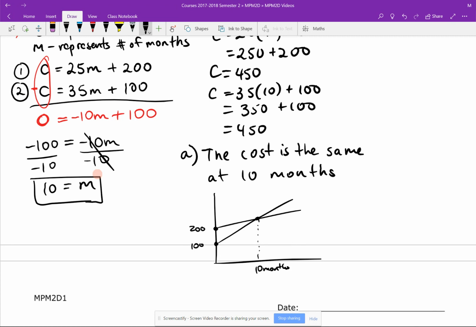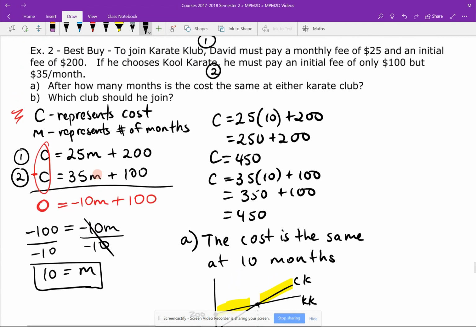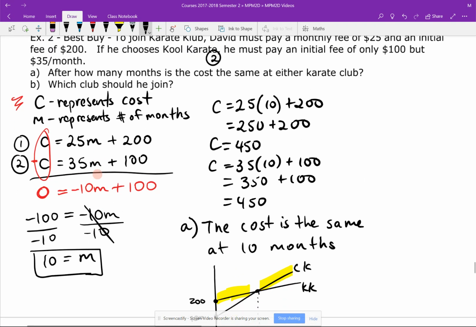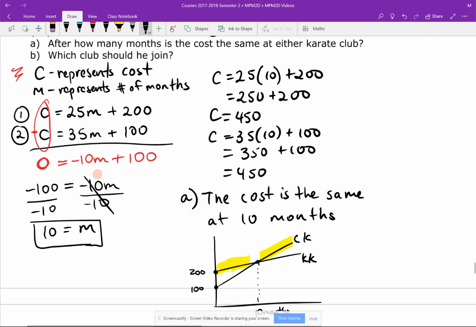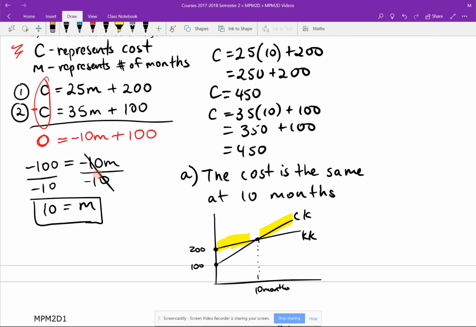Okay, and so this is Karate Club, and this one here is Cool Karate. So you can see Cool Karate is more expensive if you're above 10 months, but Karate Club is more expensive if your membership is less than 10 months. So the better deal, if you're going to be doing a long-term membership, would be to join, did I mix up the names here? Karate Club's number one. Okay, so Karate Club, no, that was right.